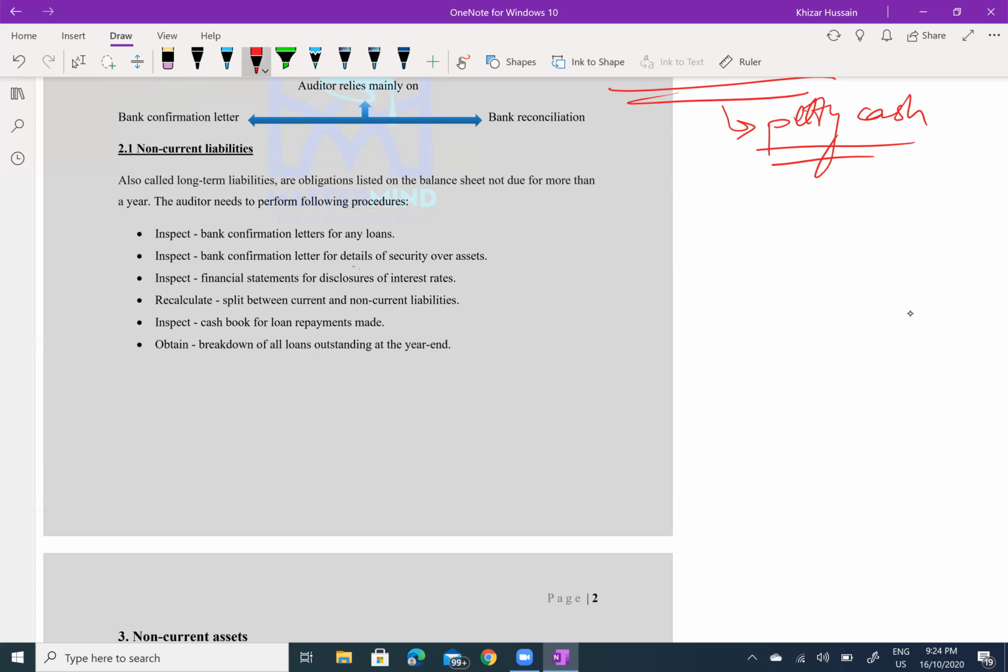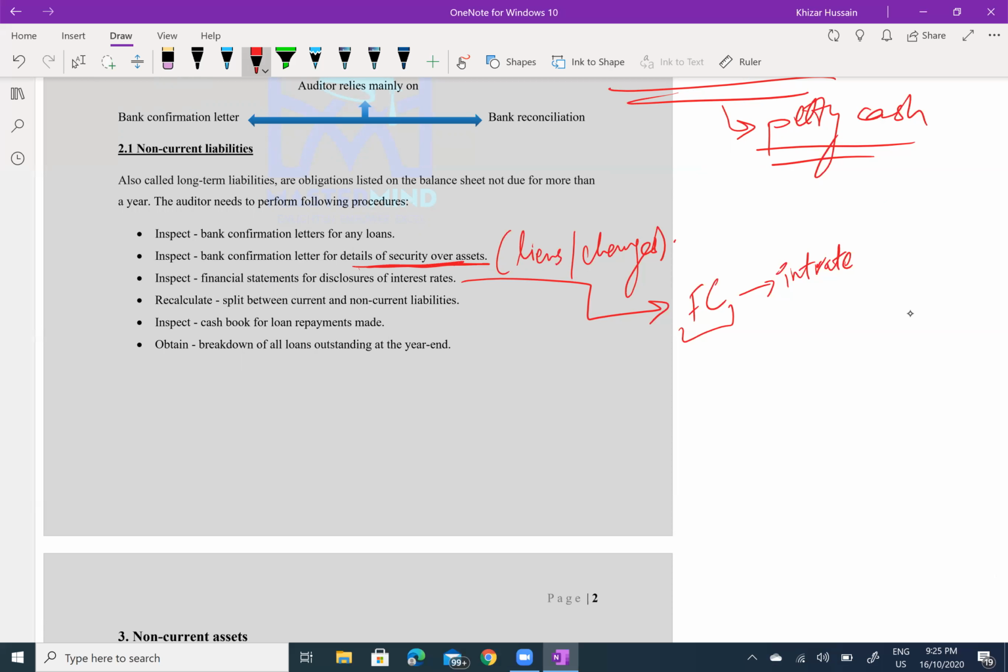Bank information letters for security over assets, which are also called liens or charges, right? I told you that as well. Financial statements for disclosures of interest rates, because obviously when you're calculating your FC, which is your finance cost, that needs to be on the same interest rate that is being reported. Make sense? It cannot be different, right?